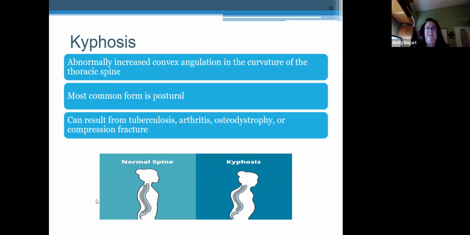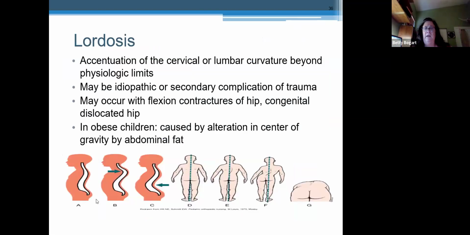Now, I'm going to go over three different spine things. Kyphosis is basically that hunchback. All right, it's the upper back. Usually it's postural. These are some older people you'll see, and they're bent over. It could be by the way they worked or whatever. Lordosis, different one. It's the lumbar spine.